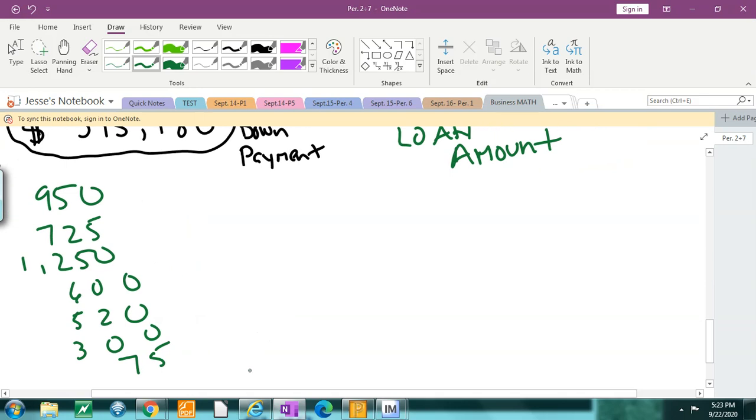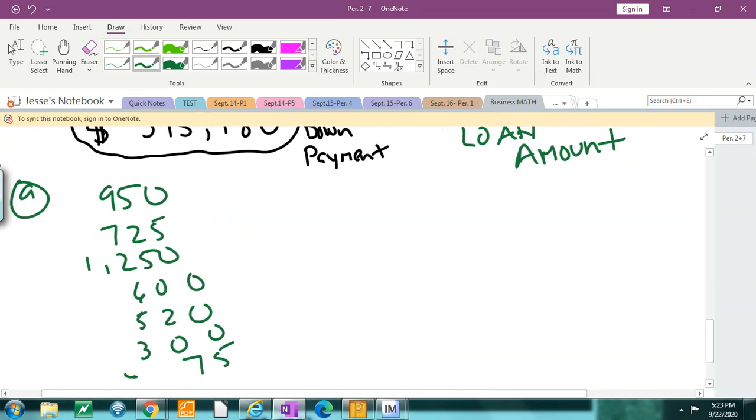So A basically states what's your closing cost, right? So let's go ahead and add them. Ready? Here we go. 950 plus 775 plus 450 plus 600 plus 950 plus 75.